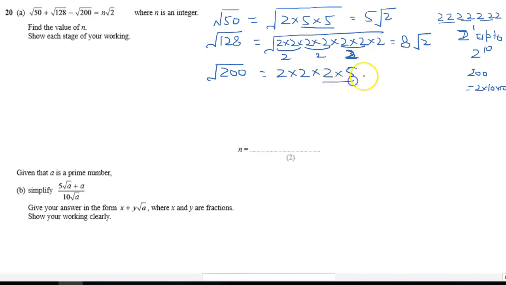So 2 times 5 is 10, and 2 times 5 is 10. Now here we can see in this is one pair and this is another pair. So 5 times 2 is 10 and the root 2 is remaining.